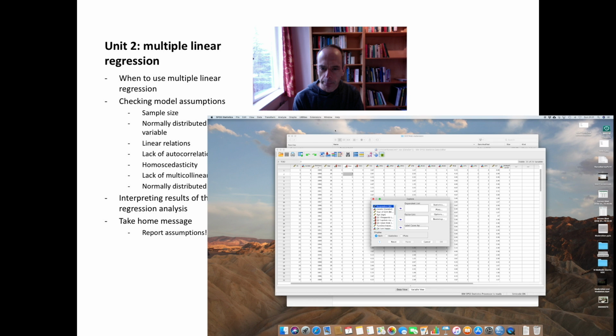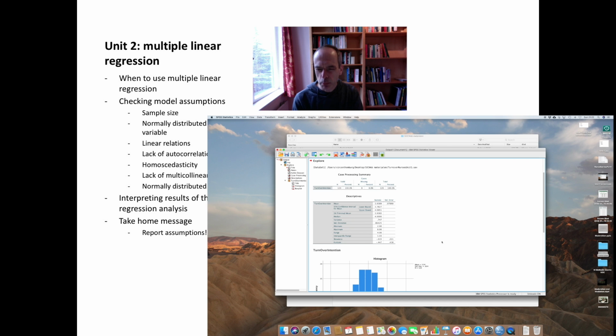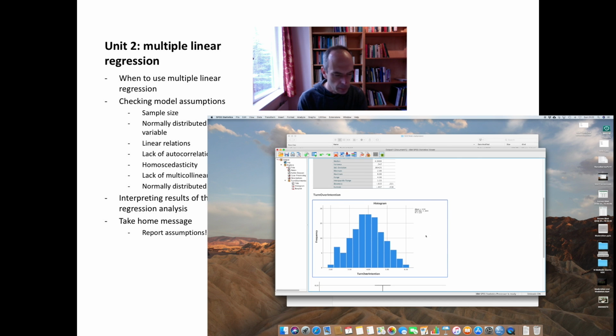So we take turnover intention and make a plot of it, a histogram. And if we do it, again, turnover intention is the dependent variable, we can see it is by and large normally distributed. However, we cannot really test it by graphical inspection.